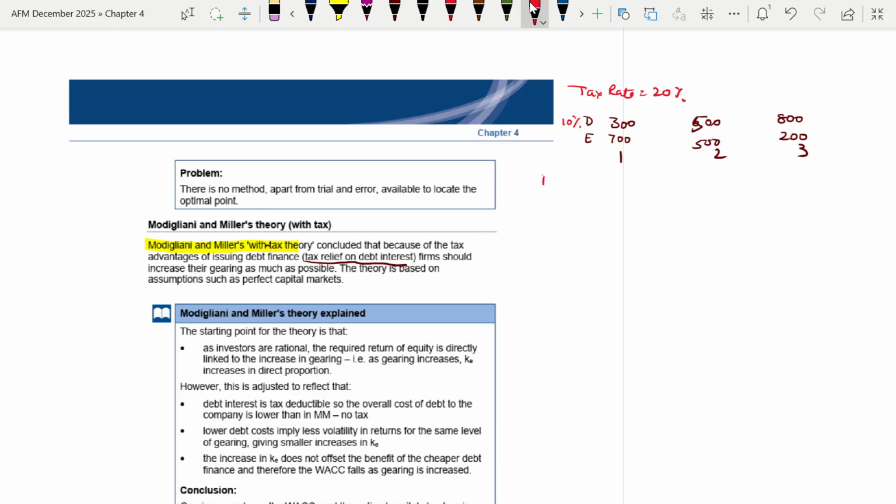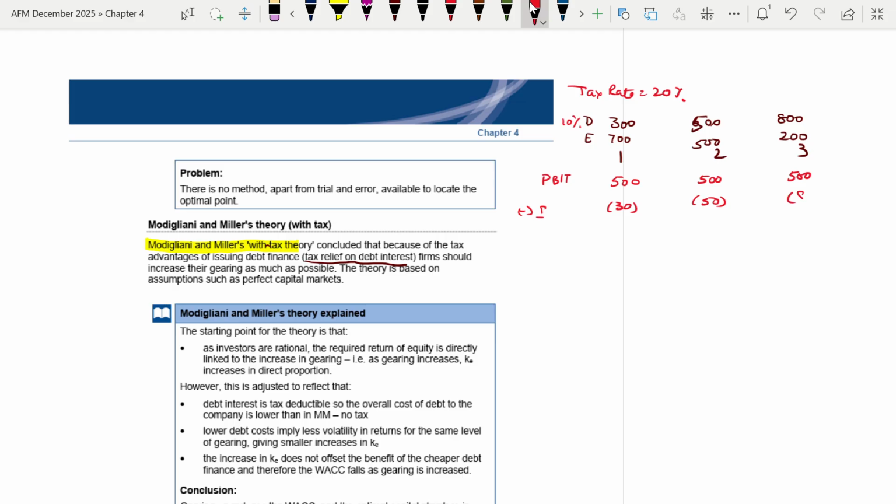You have the profit before interest and tax. In all the cases, profit before interest and tax is 500, 500, 500. Then you are paying interest. Here you pay interest of 30, that is 300 times 10%. Here 50, 500 times 10%.